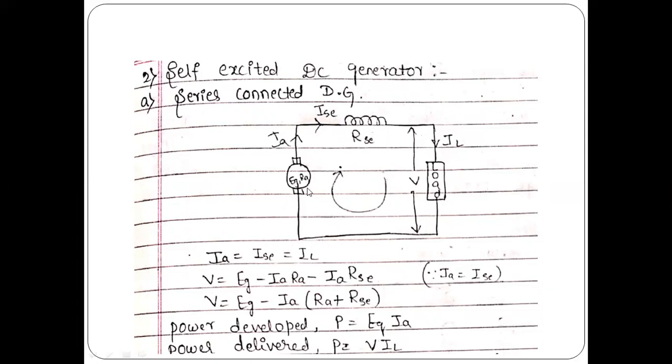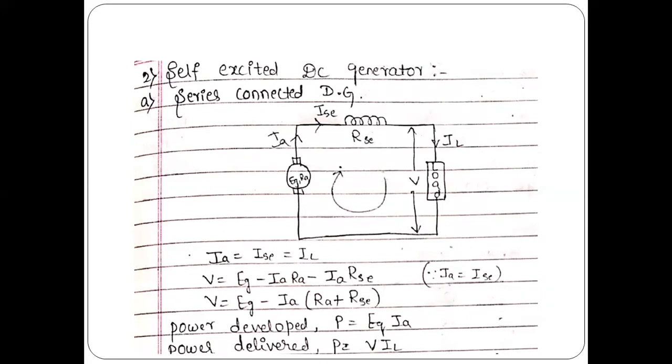So V equals Eg minus Ia into Ra minus Ia into Rse. We can take Ia common, giving Ra plus Rse. So this is the voltage across this terminal. These formulas are useful while solving problems, so please remember them and try to understand.